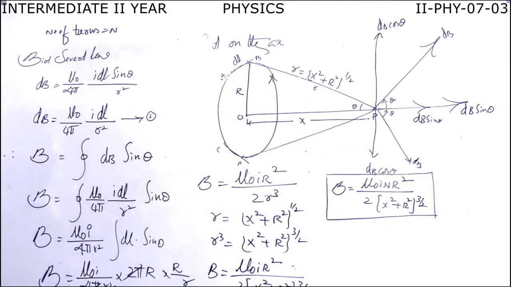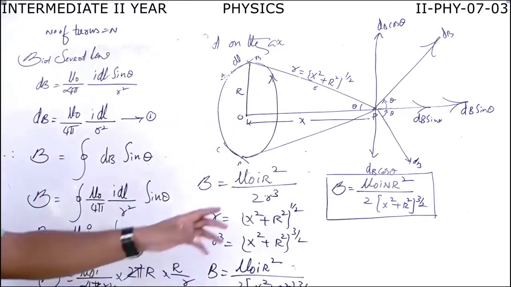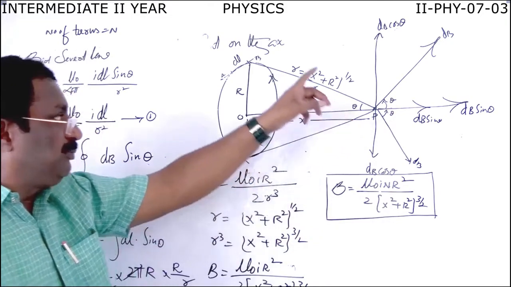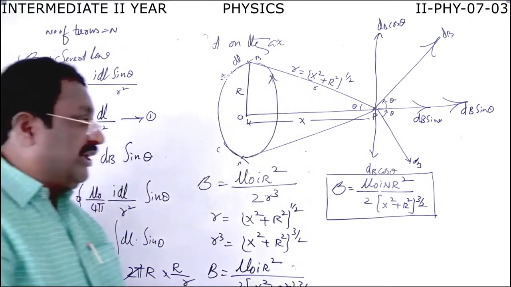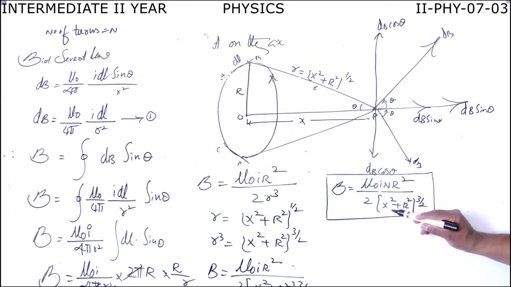So the magnetic field on the axis of the current carrying coil depends upon I, the current in the coil, N, the number of turns in the coil, R, the radius of the coil, and X, the distance of the point on the axis of the coil.